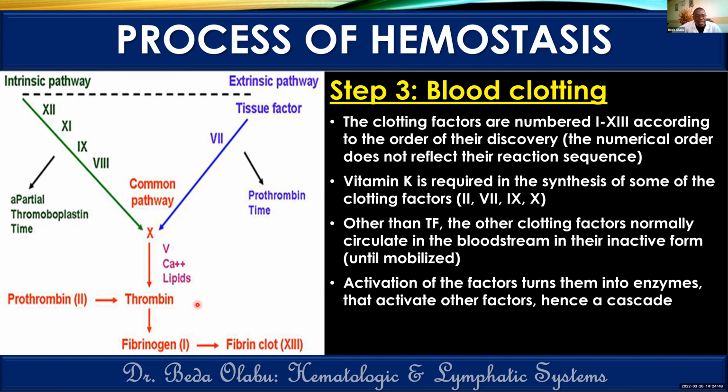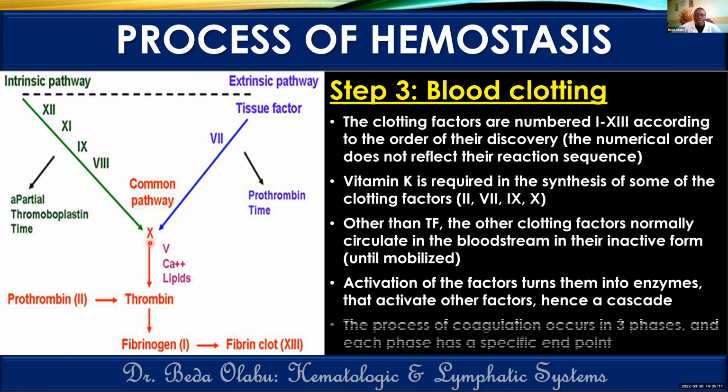And we're seeing factor 2 being activated to thrombin, so this is now 2A, and that one acts on factor 1. Eventually that gives us the fibrin clot, but there'll also be factor 13 stabilizing that particular clot. So there's a cascade of events. That's what I want to pick from that particular flowchart.